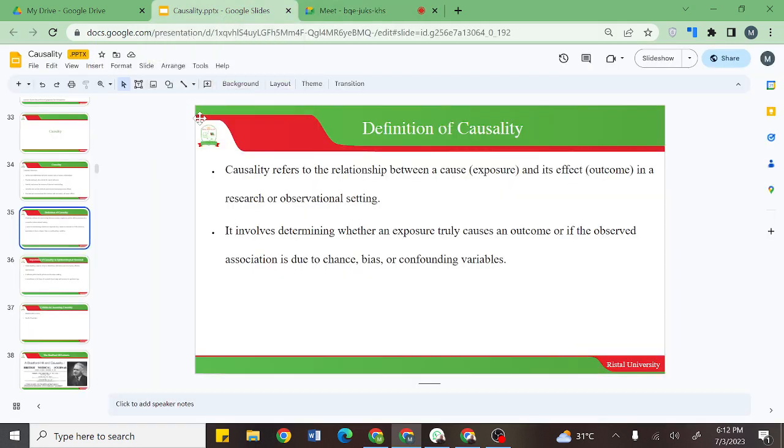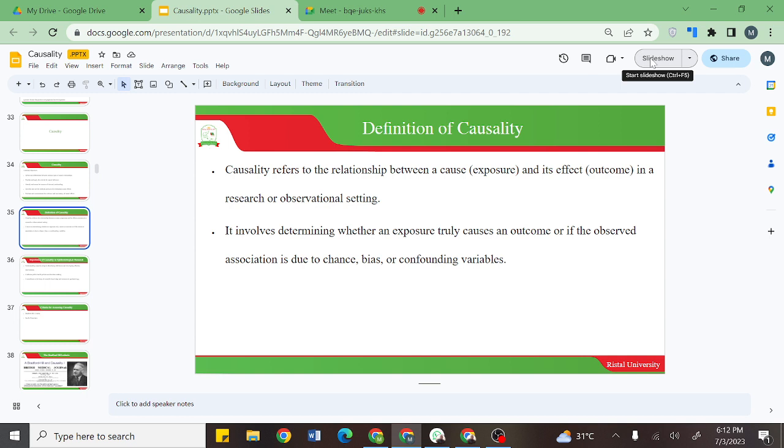So we have already given the definition of causality. We said that with causality we are interested in understanding the relationship between a cause or an exposure and the health outcome that it causes.